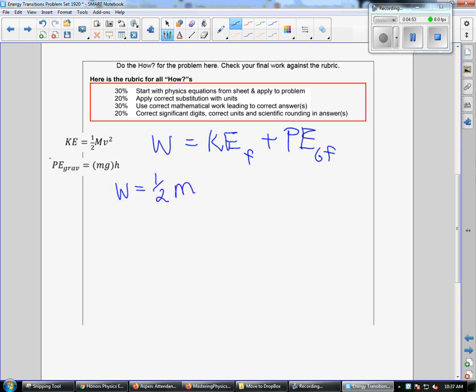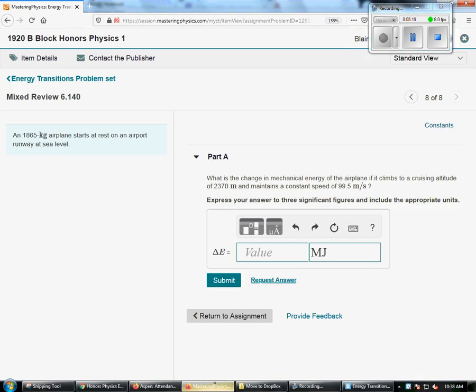1/2 m speed final squared plus mg, so the weight times the height final. I'm told the mass, let's see, I think it's here. For me it's 1865.